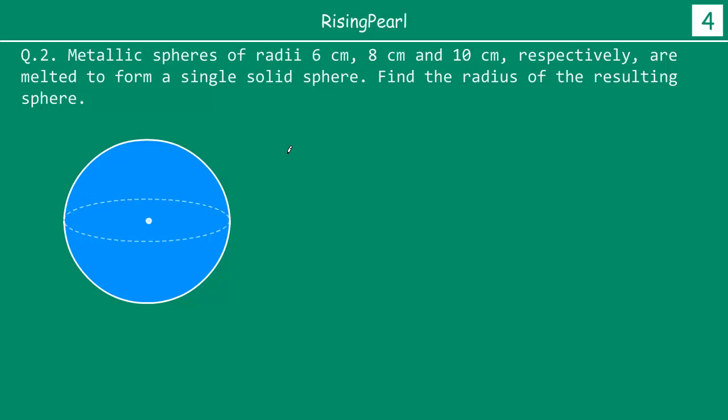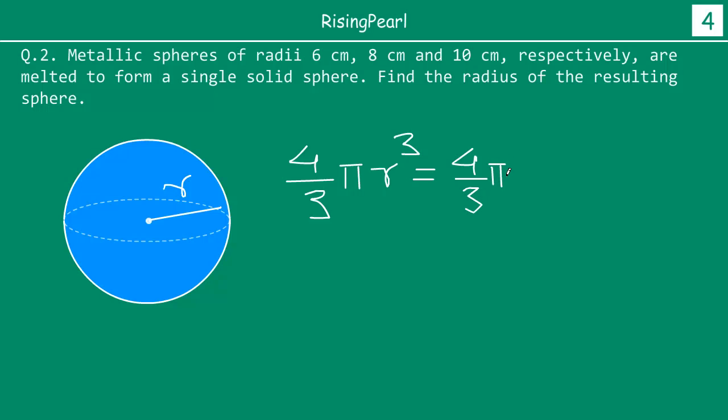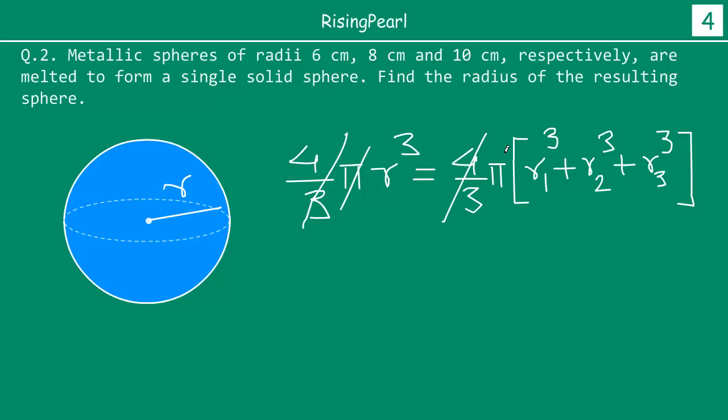What we will end up having is that 4 by 3 pi R cube, where R is the final sphere, will be equal to 4 by 3 pi common, and we had R1 cube plus R2 cube plus R3 cube, and then 4 by 3 will get cancelled, pi and pi will get cancelled.